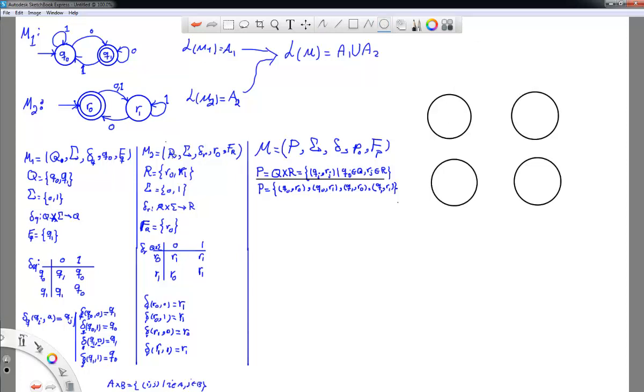My states are going to be Q sub 0, R sub 0, then Q sub 0, R sub 1, then Q sub 1, R sub 0, and finally the last element, Q sub 1 and R sub 1.